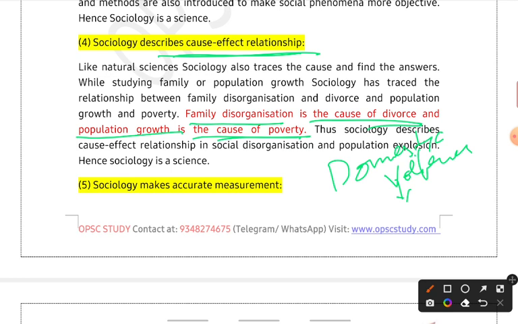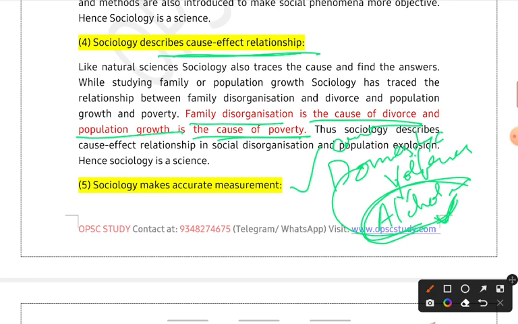A female sociologist will say that domestic violence happens because of alcohol consumption. So alcohol is the cause, and it will cause this particular effect in the society.